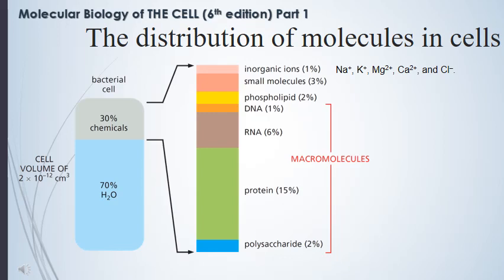We have a few percent of polysaccharides, RNA, DNA, and all kinds of small little ions there. We have small molecules, we have phospholipids. So this is basically the composition of a regular bacteria.